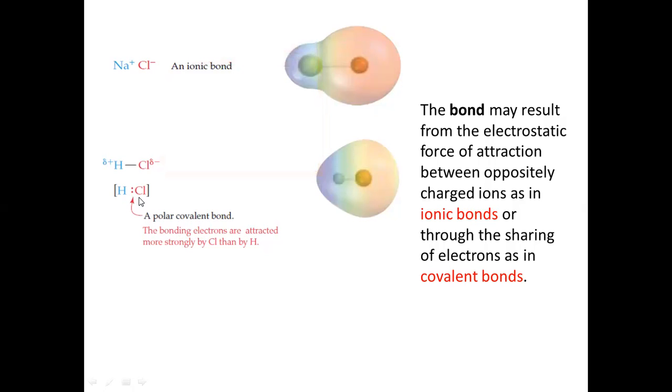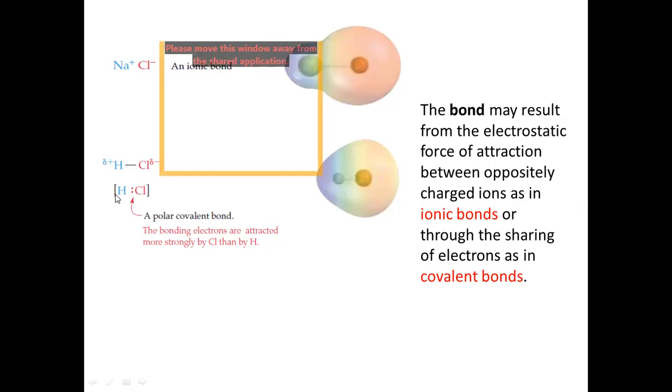But here the atoms are non-equivalent. That means two different atoms are present over here: one is hydrogen and one is chlorine. That's why the interaction of the atoms with the electrons is different. In the previous lecture we studied that this is called electronegativity.